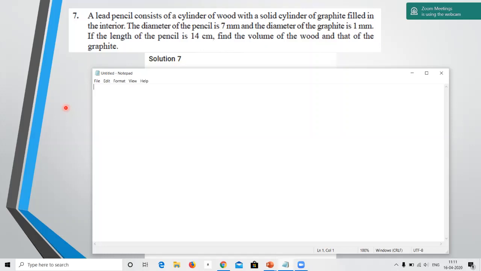Try to understand the question. The diameter of the pencil is 7 millimeter and the diameter of the graphite is 1 millimeter. If the length of the pencil is 14 centimeter, find the volume of the wood and that of the graphite. Take your time, go slow.